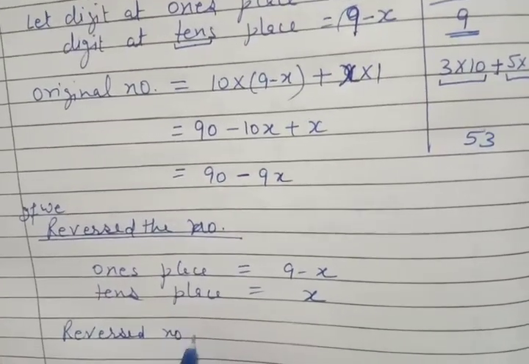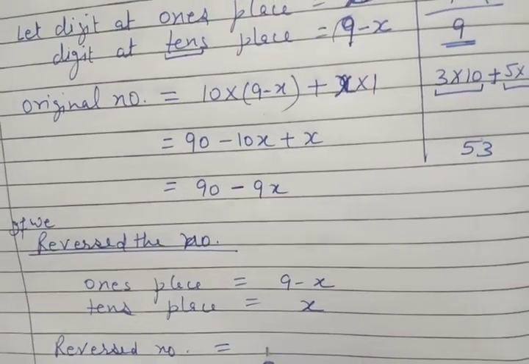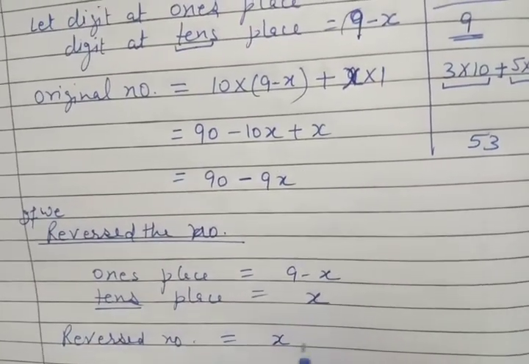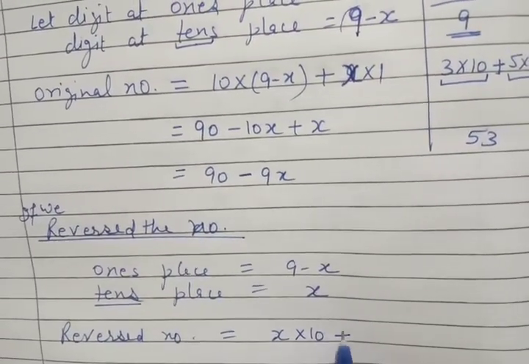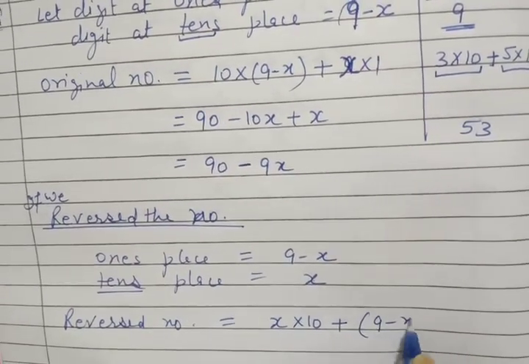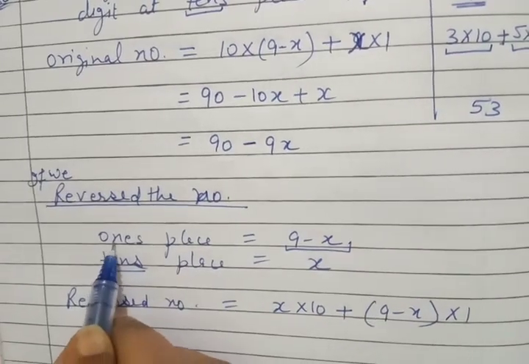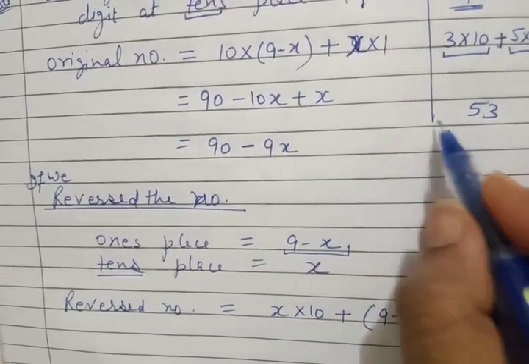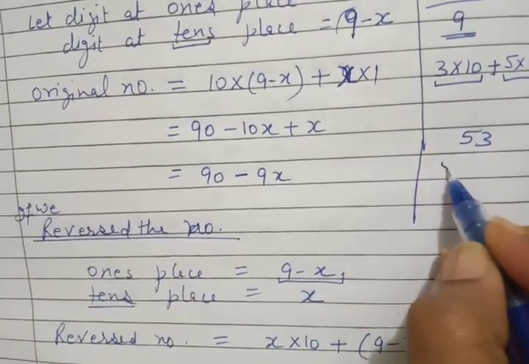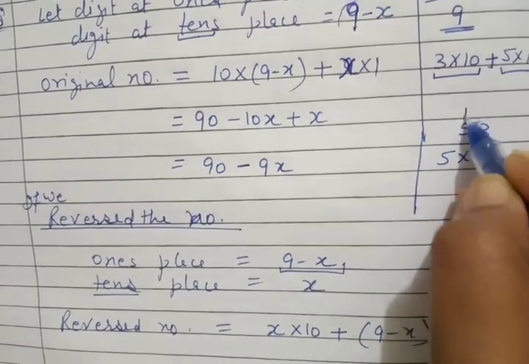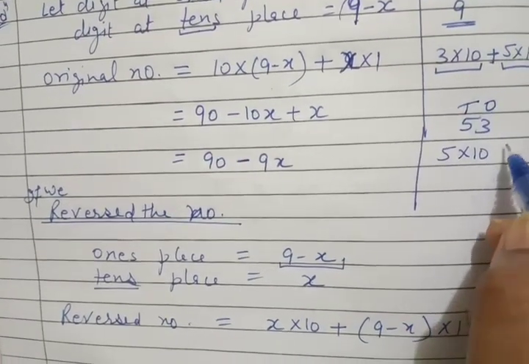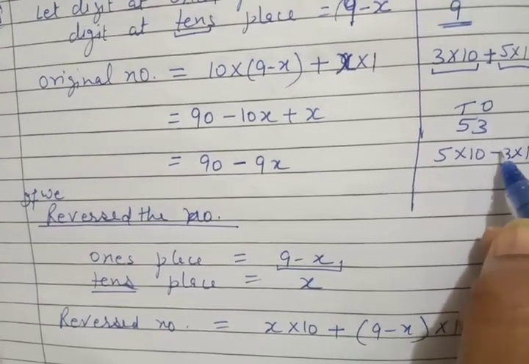Our reverse number will be tens place means x multiplied by 10 and ones place means this should be multiplied with 1, and plus sign. Just like 53. 53 can be written as 5 into 10 because this is tens place, this is ones place, and 3 multiplied by 1, plus.